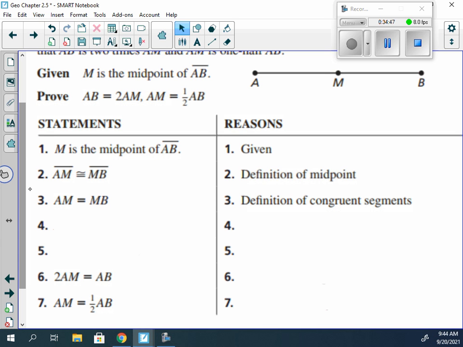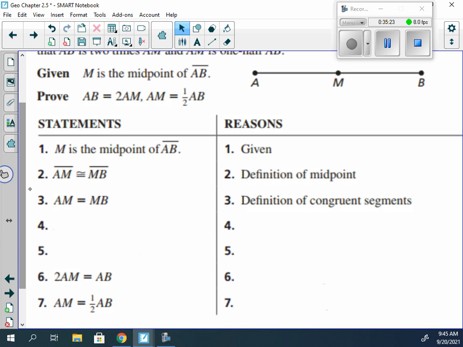What have I not said anything about yet? Have we talked about AM? So we've talked about MB. Have we said anything about AB? So what do we need? We need a statement about AB. Well, what do we know about AB? It's the whole thing, yes? Well, that's where we want to go, but I can't just immediately jump to it.